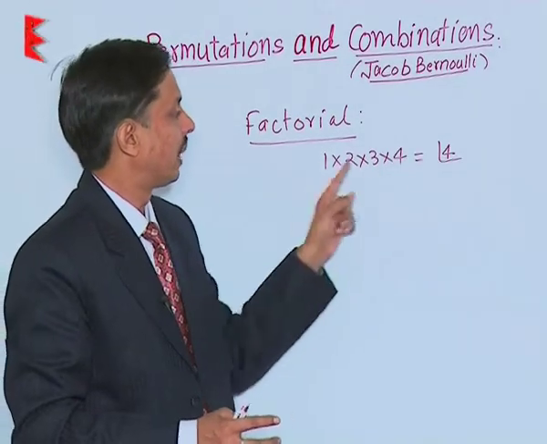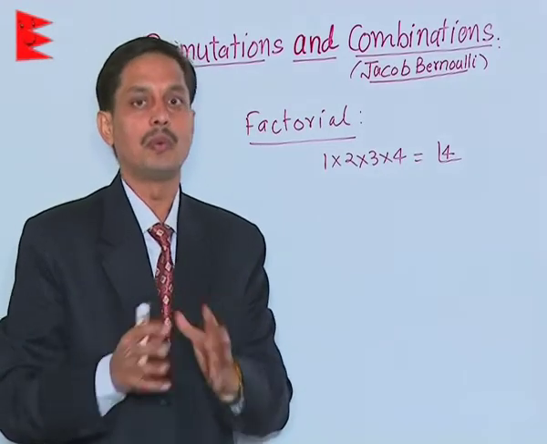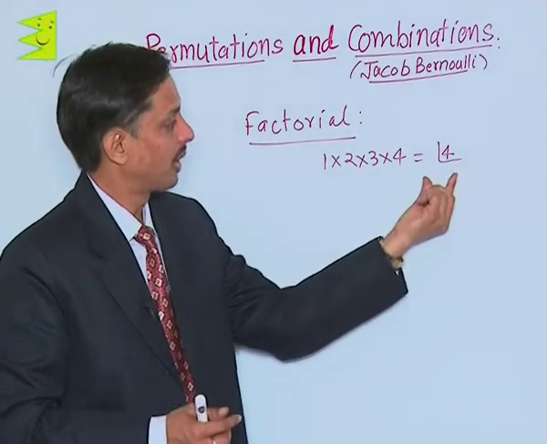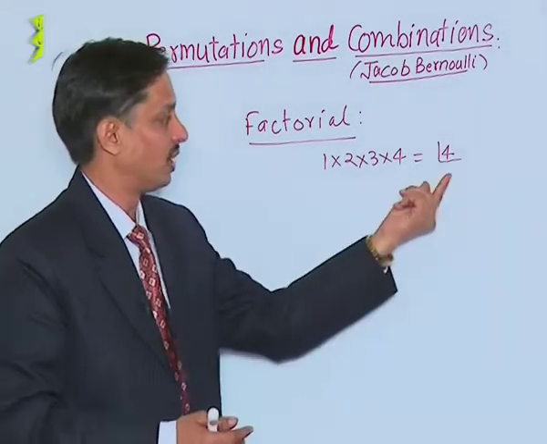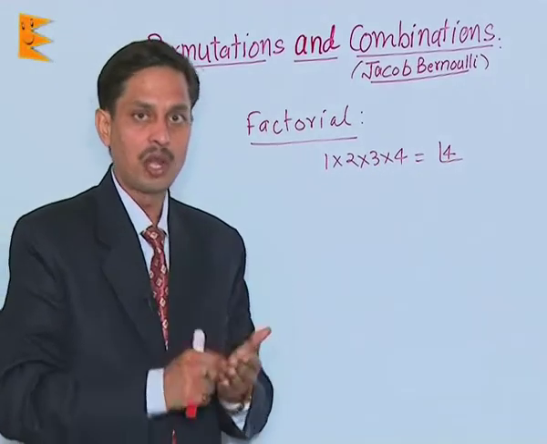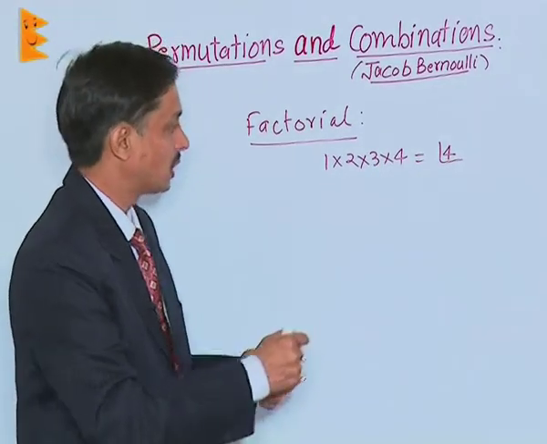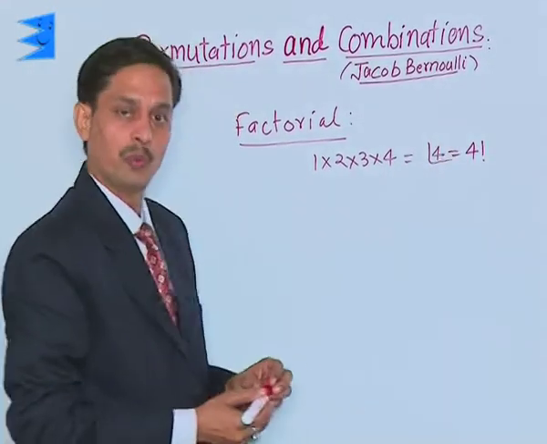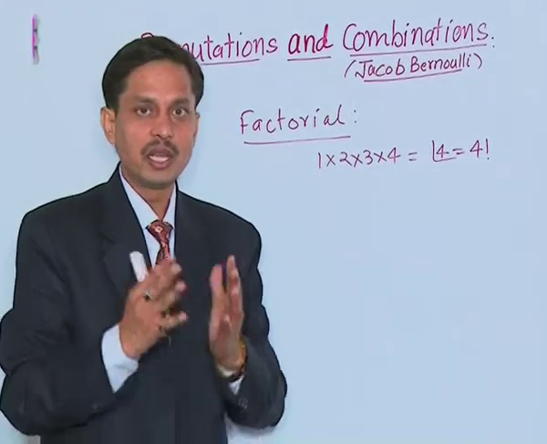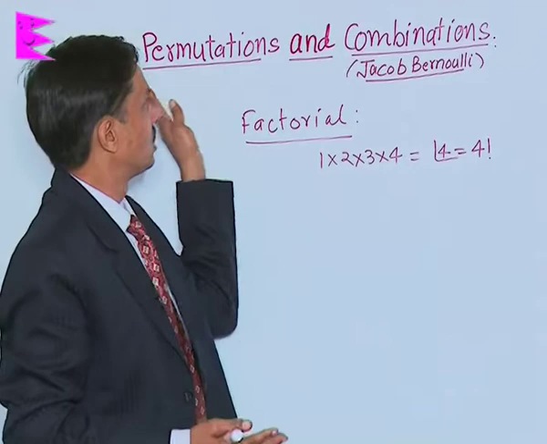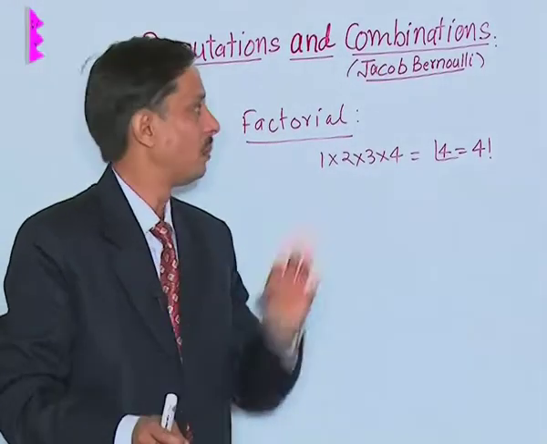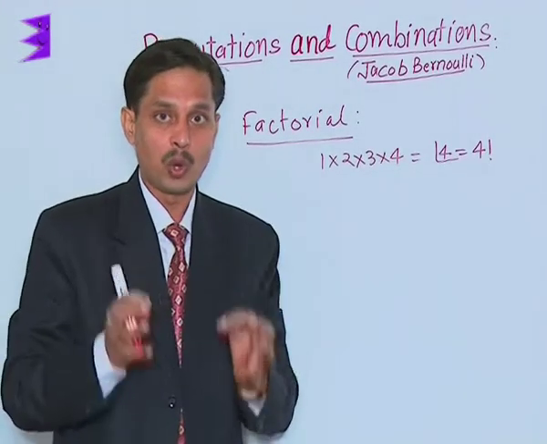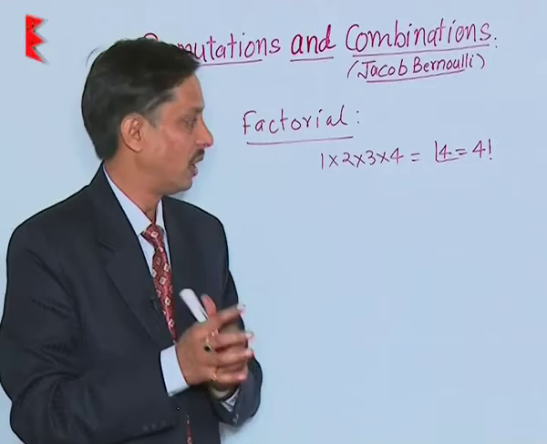This is the expanded form of multiplication of the first 4 natural numbers, and this is its compact, symbolic form. Factorial 4 means the product of the first 4 natural numbers, or we can write it as 4 factorial. To understand the concept of permutation and combination given by Jacob Bernoulli, we have to understand the product of the first n natural numbers.